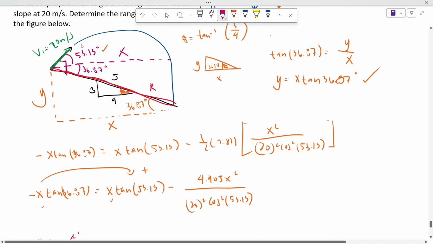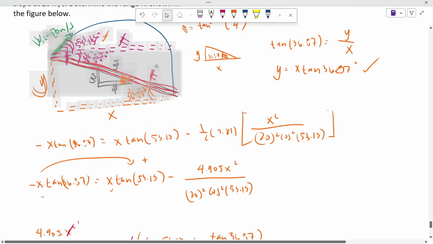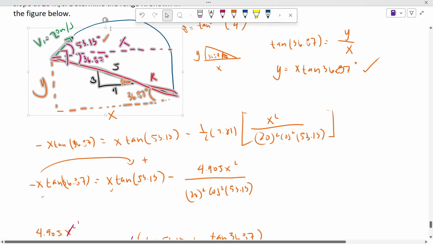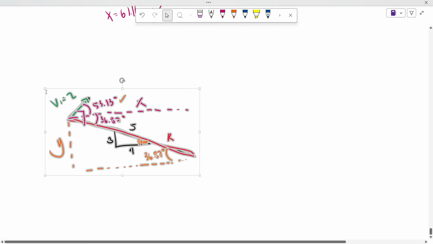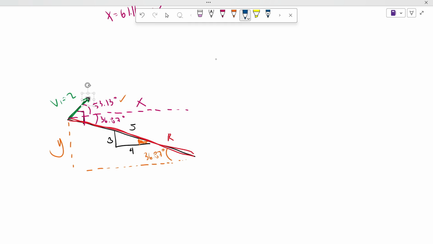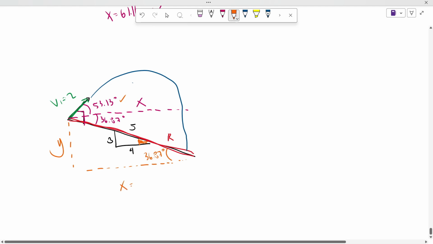So let's take this diagram so we don't get confused. Copy, then insert it below. As you can see, guys, it has the value of x here. So this x is now 61.16. Next, get the value of y.